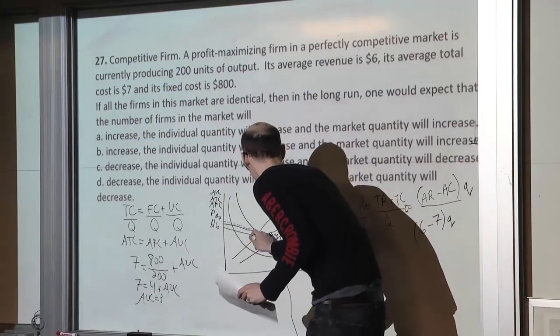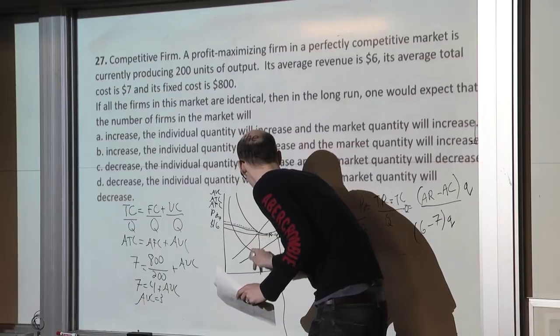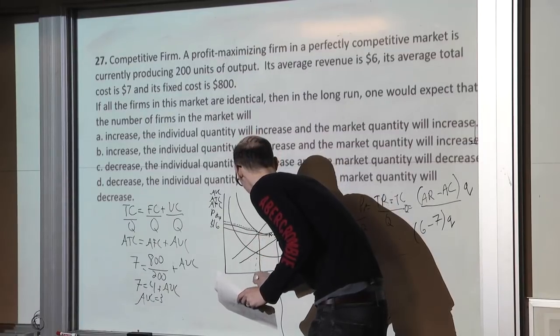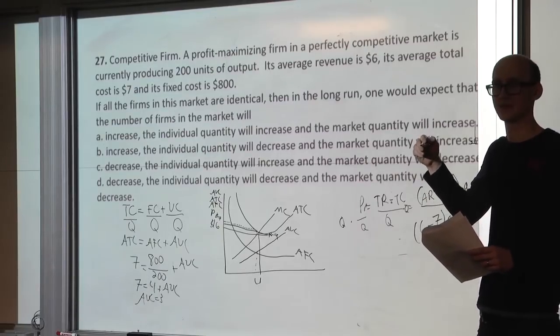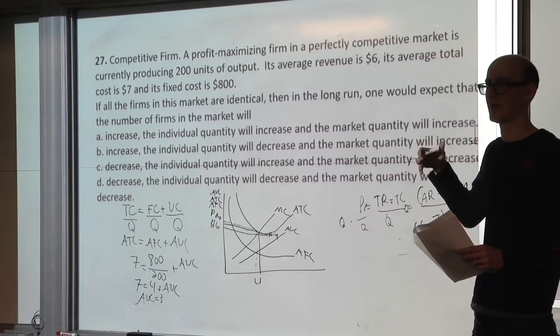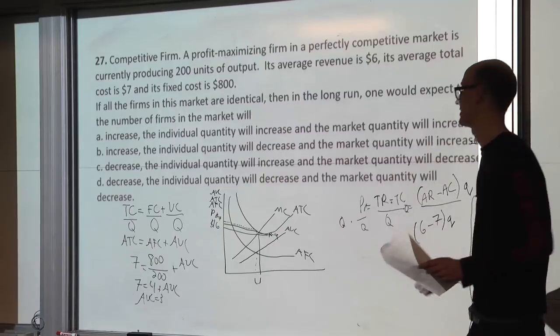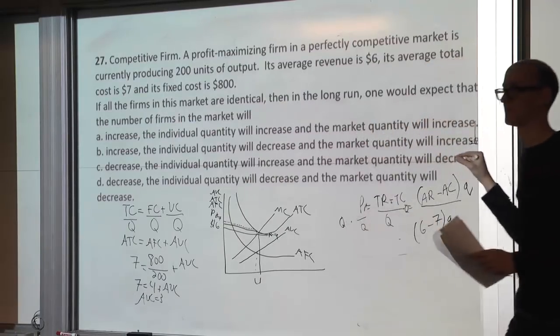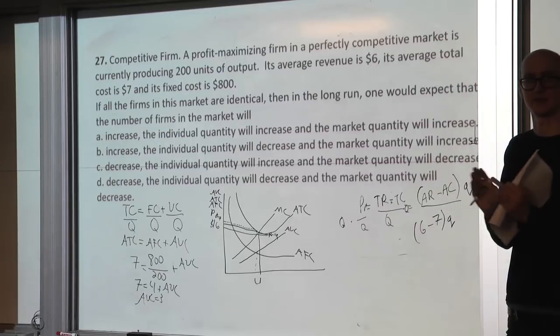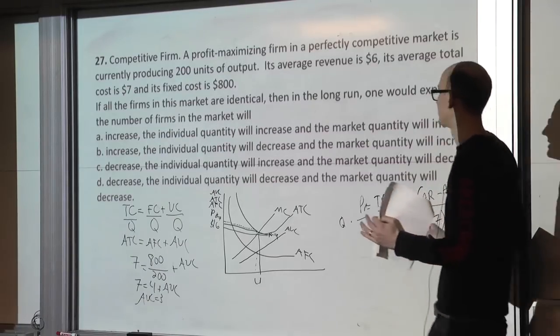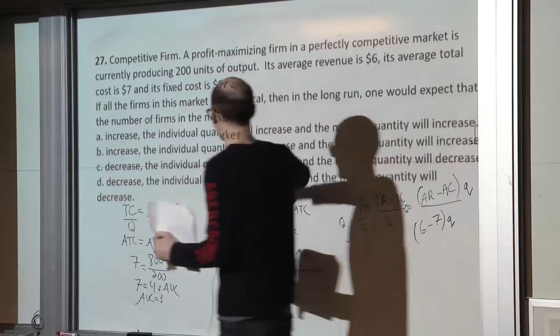What will happen to output for the individual firms that are still in the market? Because the price increased, they'll produce more or less? More, right? So each firm individually will produce more. The market as a whole will produce less. We know that because the price has to rise. And so let's look at the answers.